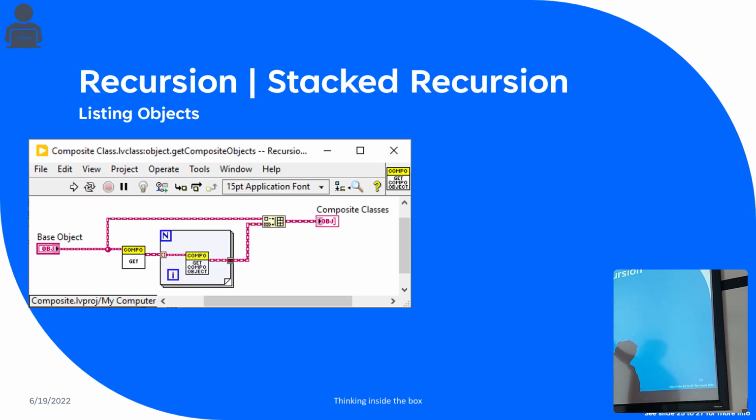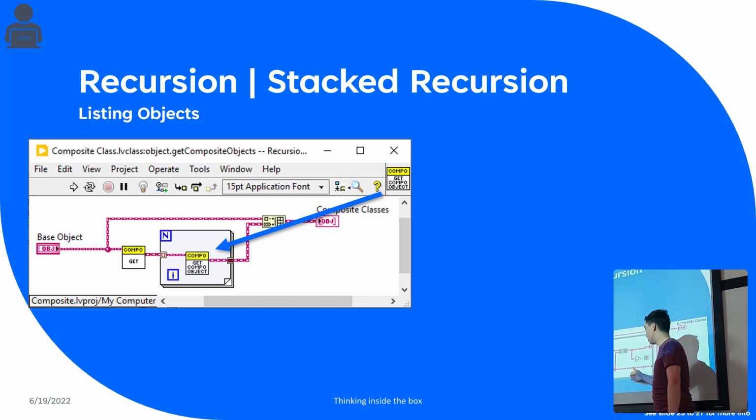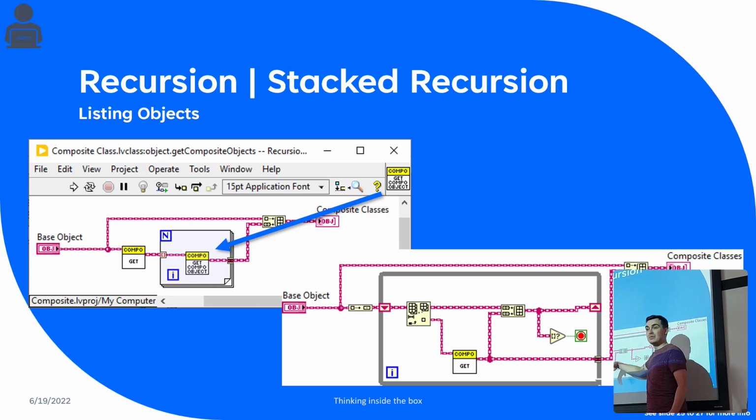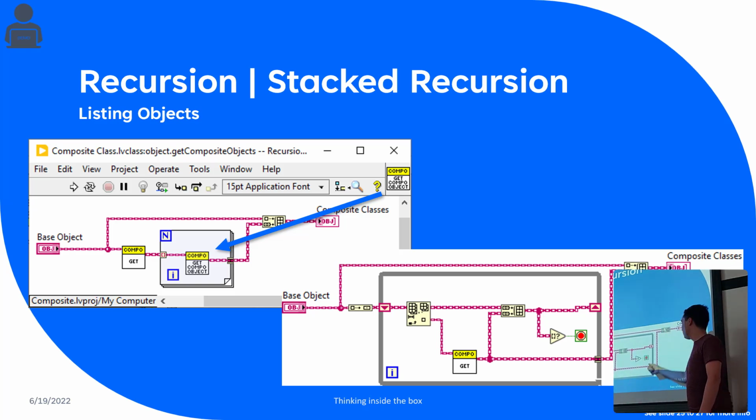Here, I could use my get function and then use another get function within itself, and do that over and over again. Or I can use stacked recursion, so I have my stack here, I delete from the stack, I get nested or composed objects, add them to the stack, and then I get my composite classes out.